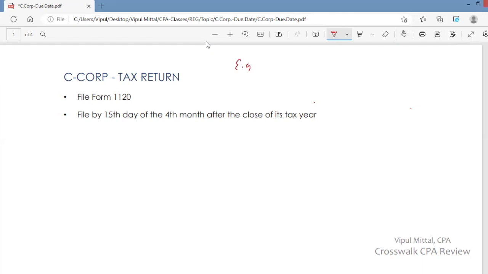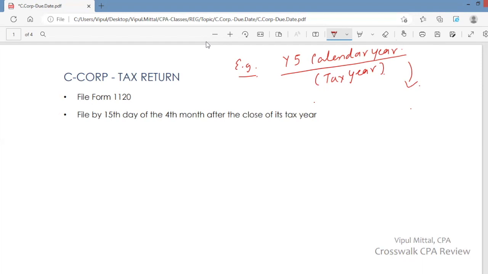For example, if the C corporation's tax year is the calendar year, year 5, then it will file its tax return by the 15th day of the fourth month after the close of its tax year.